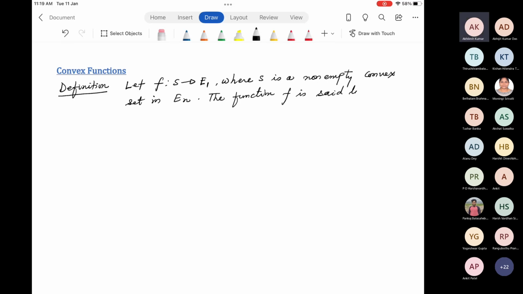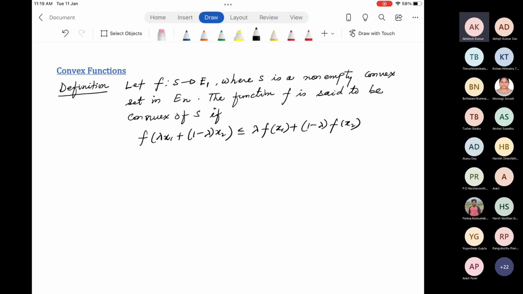It is said to be convex on S if f of lambda x1 plus 1 minus lambda x2 is less than or equal to lambda f x1 plus 1 minus lambda f x2, for each x1, x2 in set S, and for each lambda belonging to 0 comma 1.